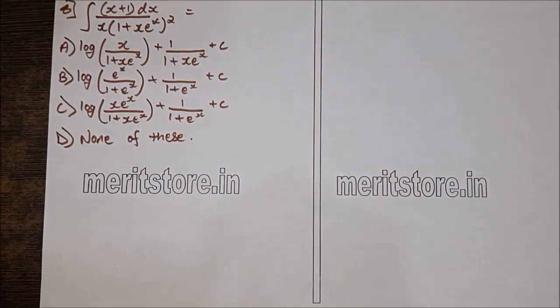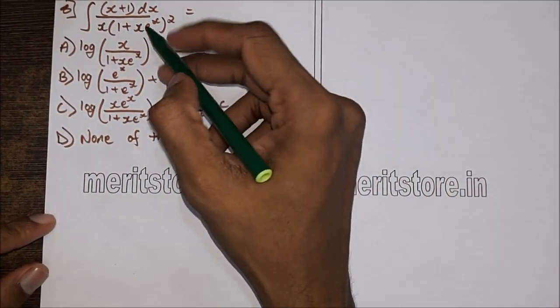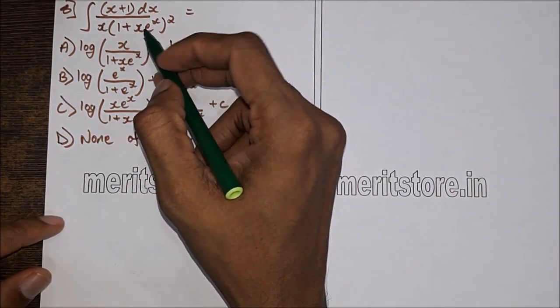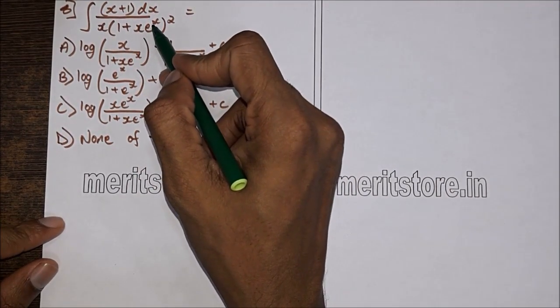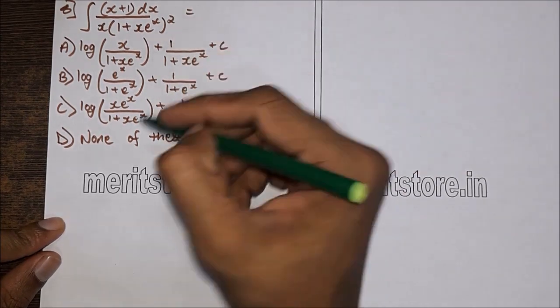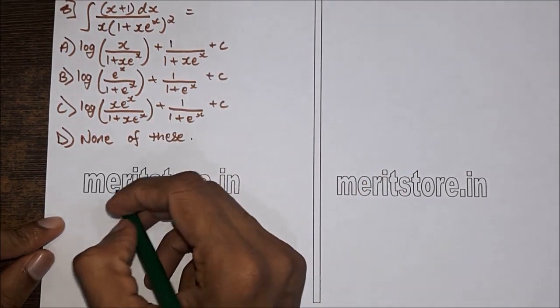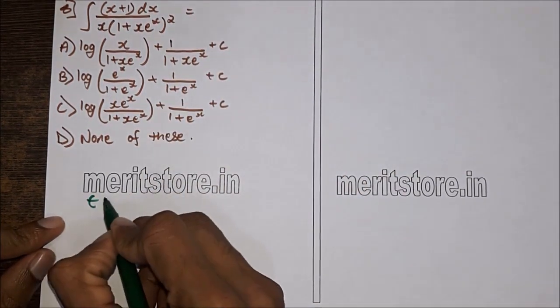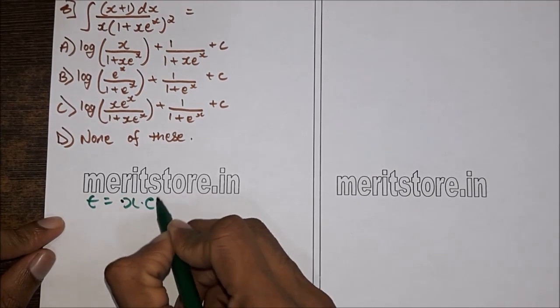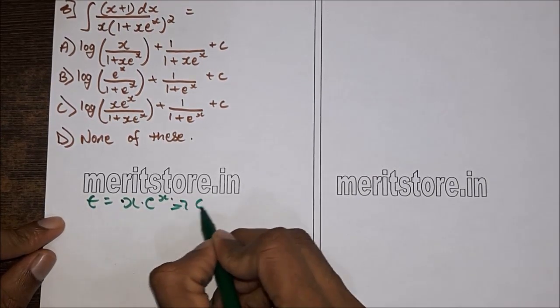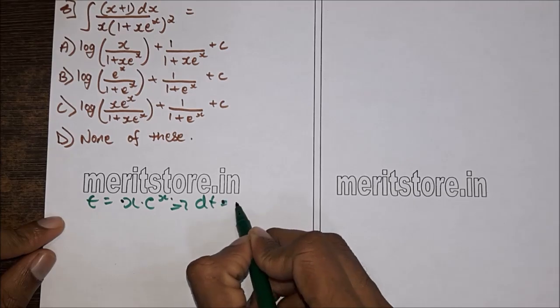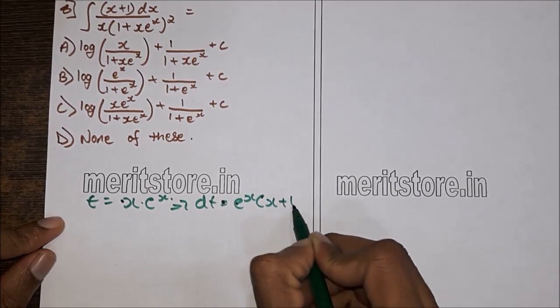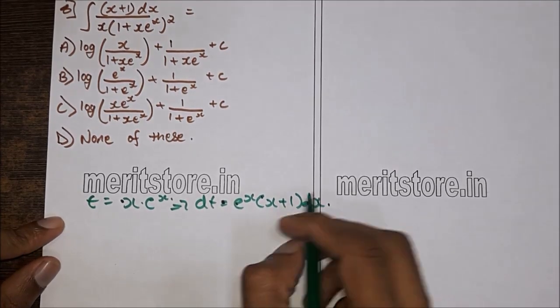Question 8. Integral x plus 1 dx upon x into 1 plus x into e raised to x the whole square equal to, we are given 4 options. We put t equal to x into e raised to x, differentiating both the sides, we get dt equal to e raised to x plus 1 dx.